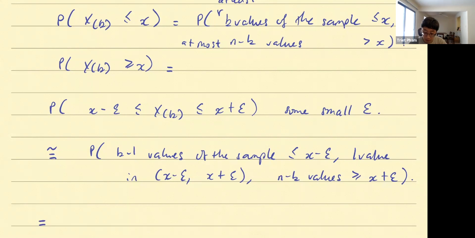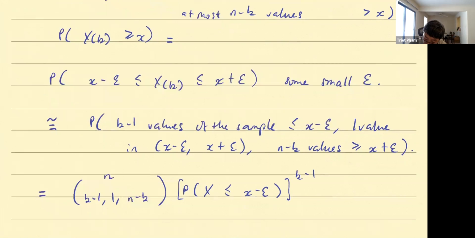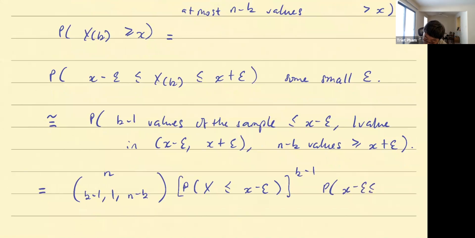So there's some combinatorics going on like this: n choose k minus 1, 1, n minus k. k minus 1 values less than this, one value in between, n minus k values bigger.